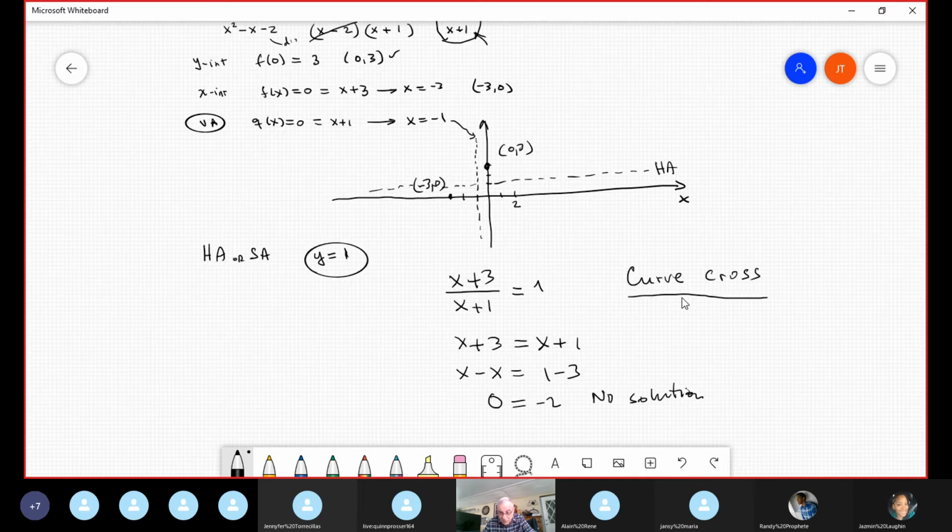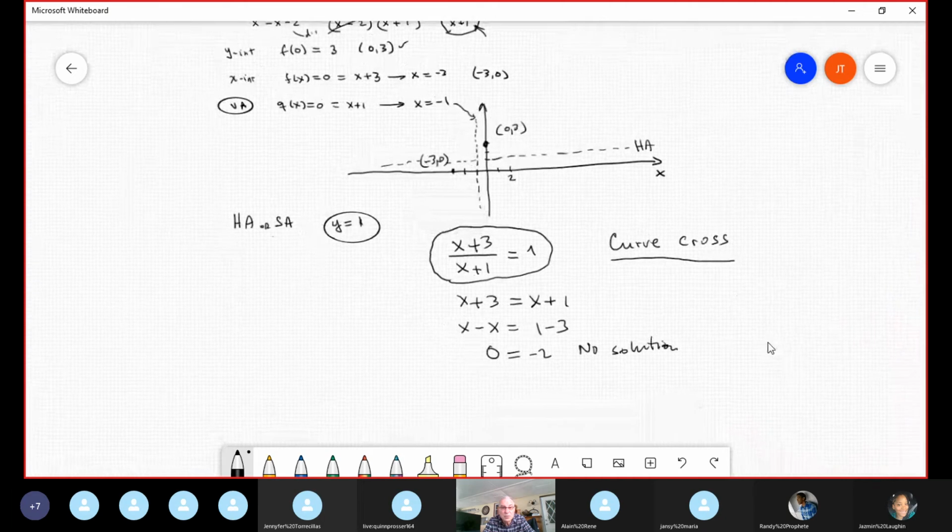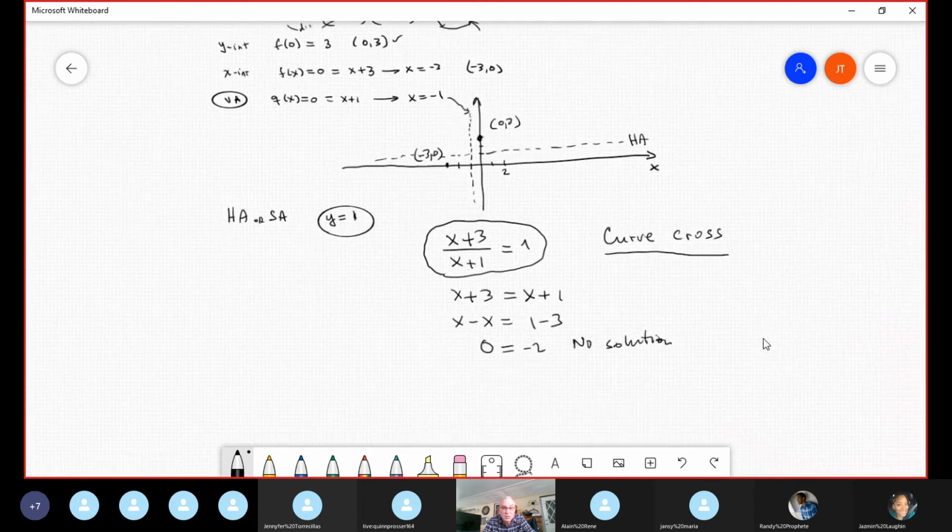The students frequently forgot this step. So you set up this equation in which you suppose, hypothetically, that the curve, this equation in the simplified way, is equal to 1. But I get no solution. That means that the curve never crosses. Okay? Never crosses. Do you understand or no? Make sense or no?